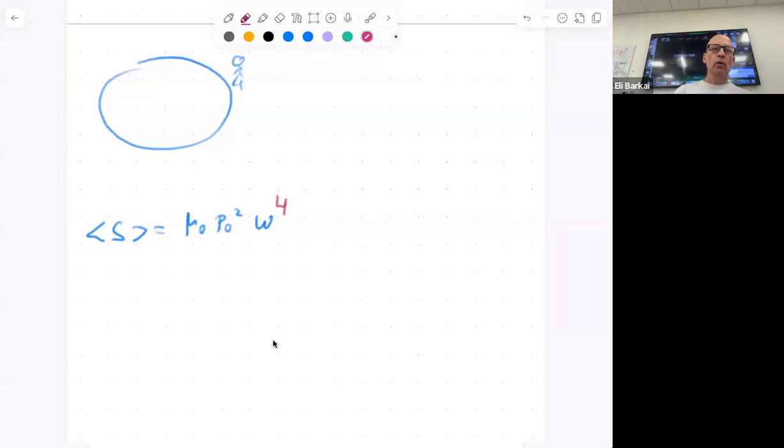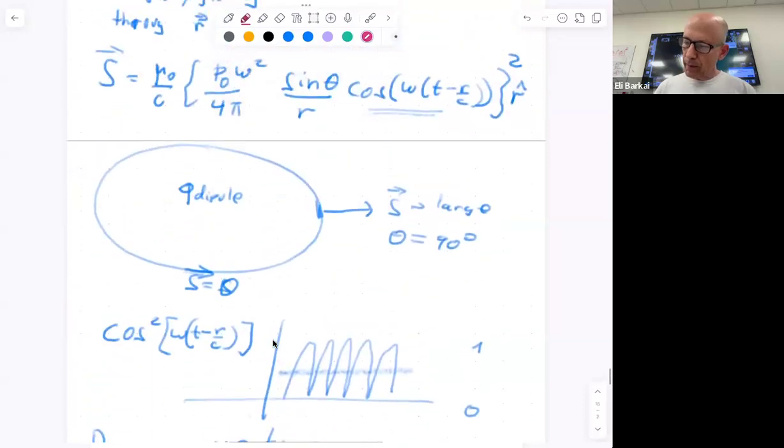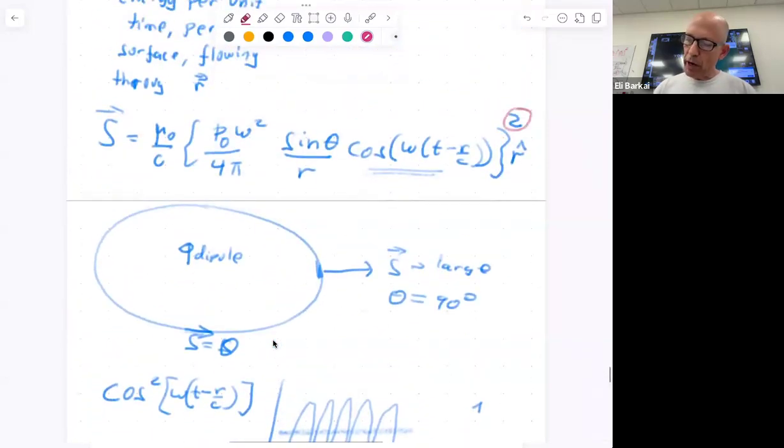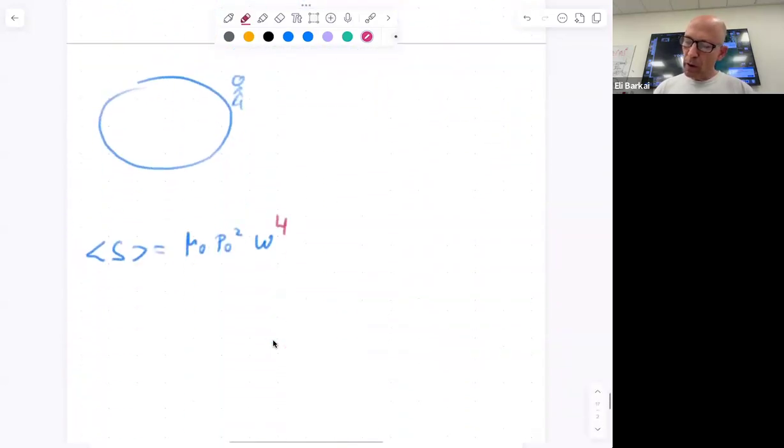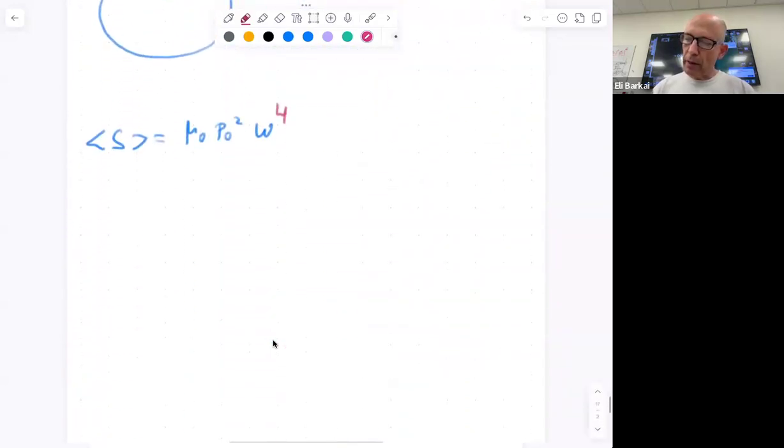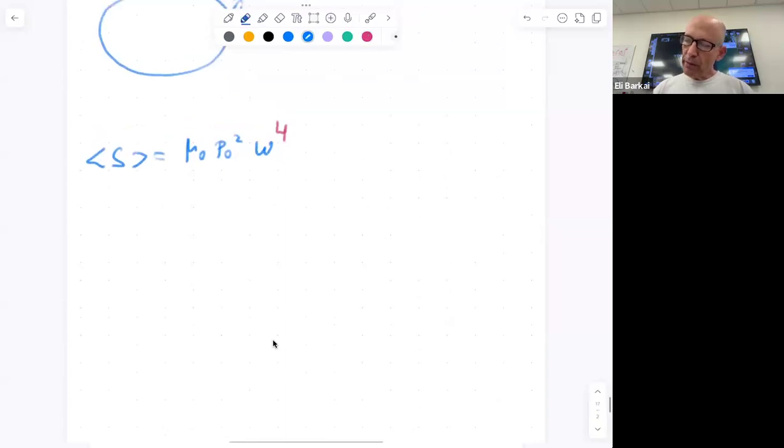Why 4? We had the square, and now we square it again. This square and this square, 2 times 2 is 4. Then we have sine squared theta, because again we are squaring things. We have R to the power 2.